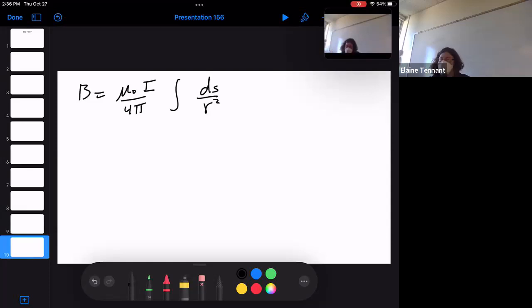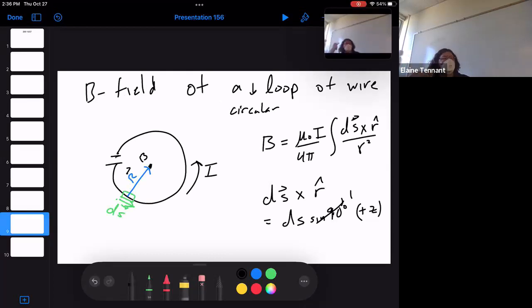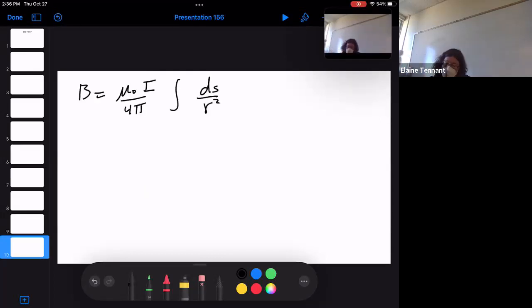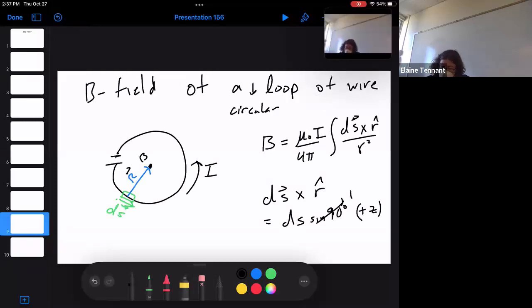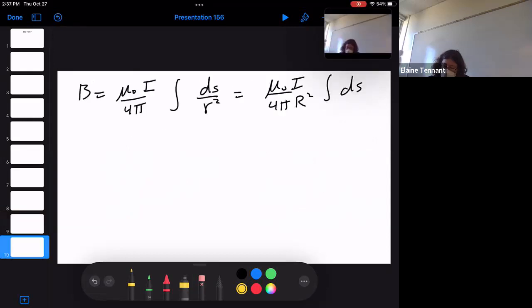So this r is really the radius of that circle, right? As I go around this circle, does that radius change? No. So we can just take that outside. Mu naught I over 4 pi, and I'll do a capital R squared. Okay, this is starting to look very nice. All we have to do is put some limits on that. If I start here and go all the way around, let's say I start at ds equals 0.